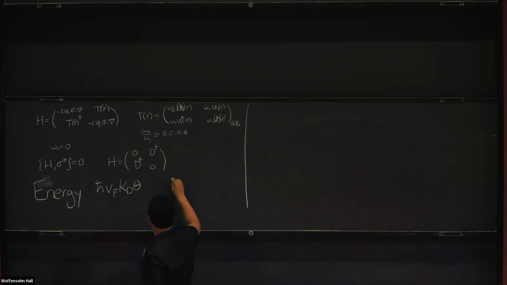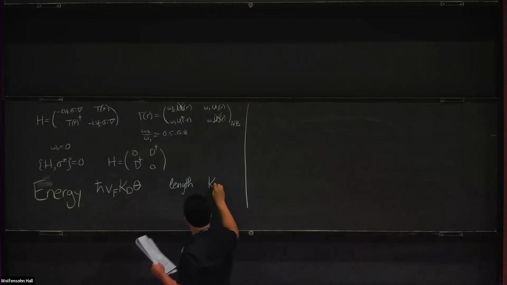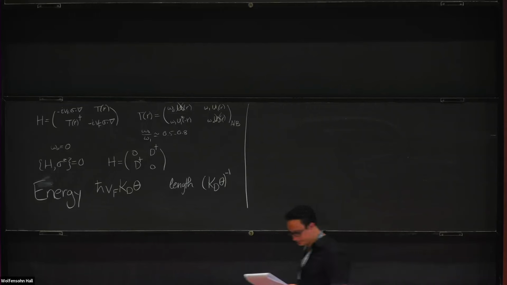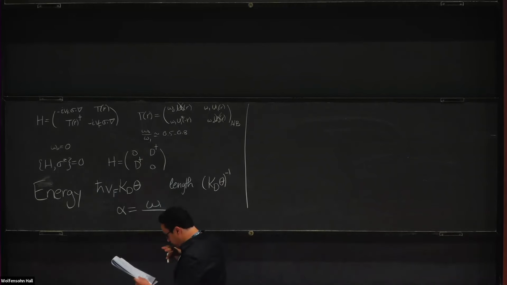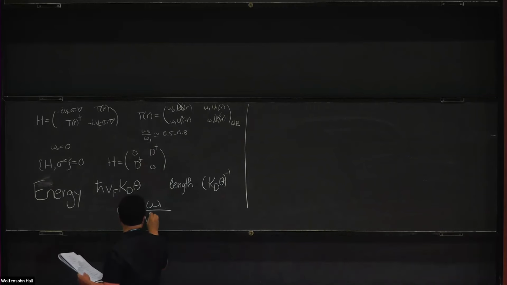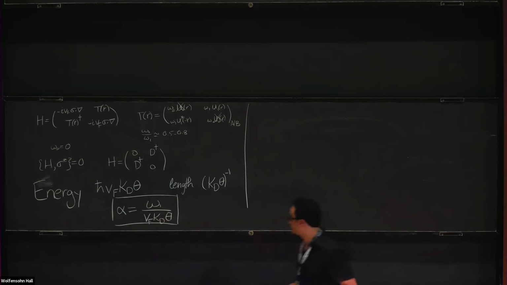I'll measure length in units of the moiré length scale. Once I do this, the model only depends on one dimensionless parameter, which is called alpha. This is the ratio of the tunneling W1 and v_F k_θ, so alpha is a dimensionless coupling that depends inversely on the angle.